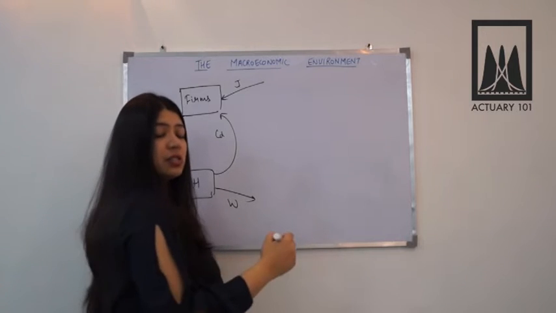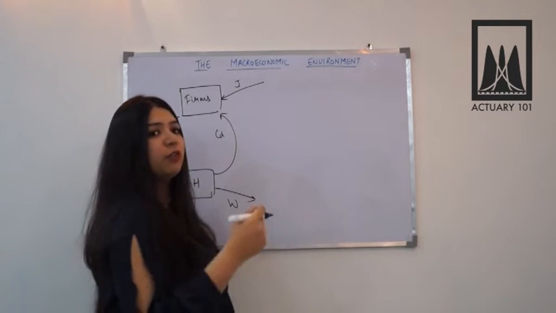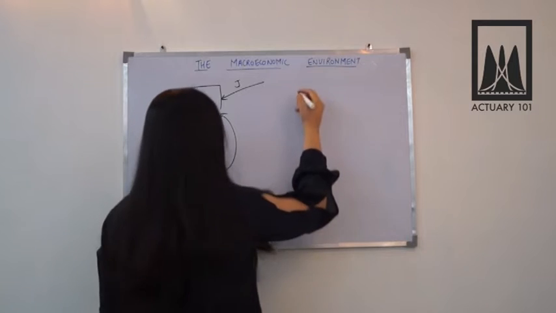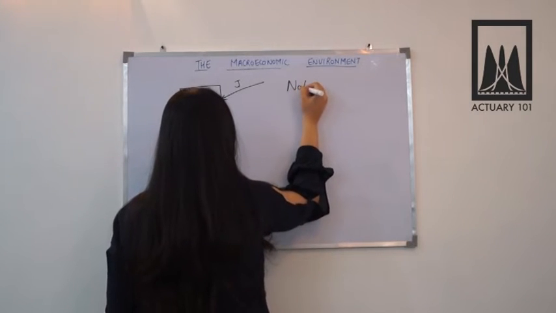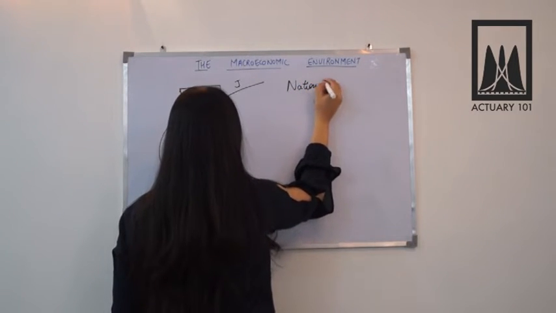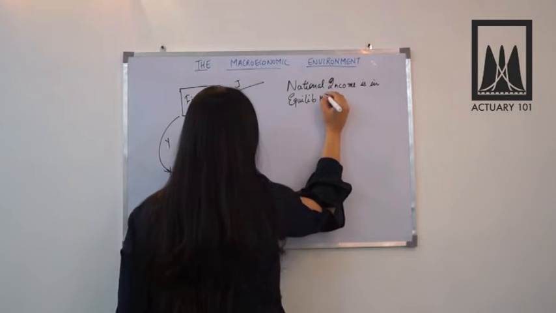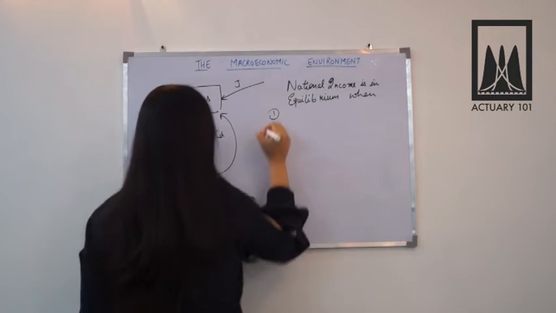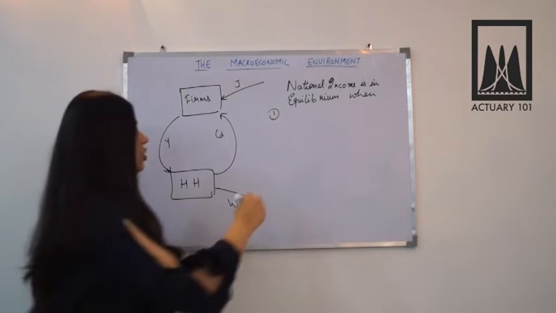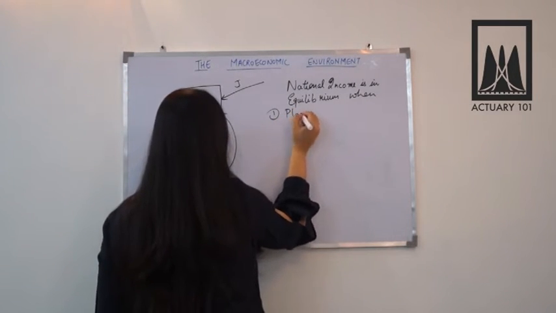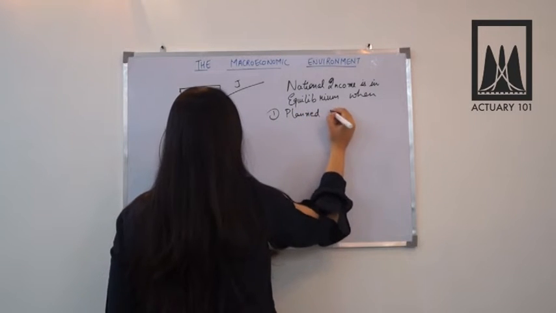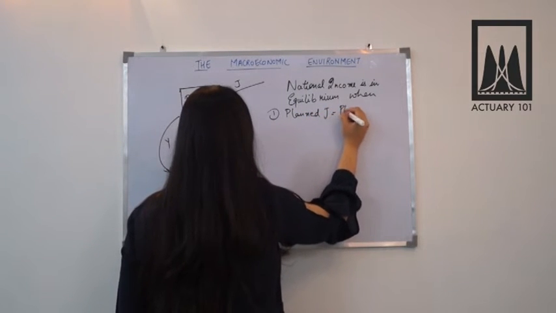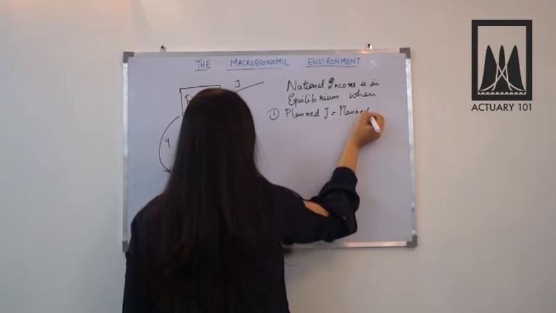Now the conditions that must be fulfilled for the national income to be in equilibrium are, we say national income is in equilibrium when two conditions are fulfilled. The first condition is that planned injections should be equal to planned withdrawals.